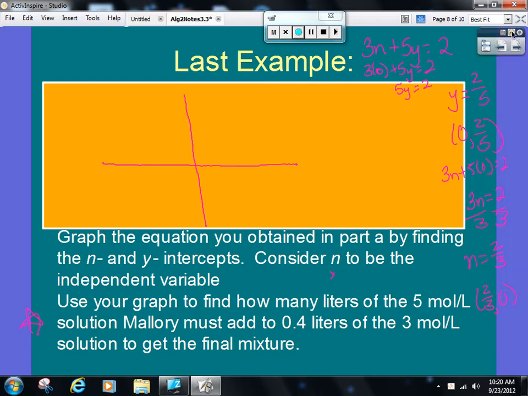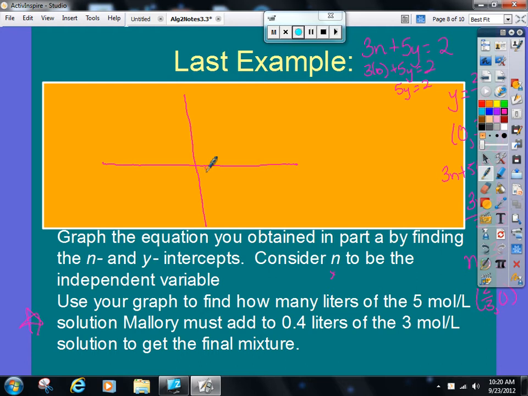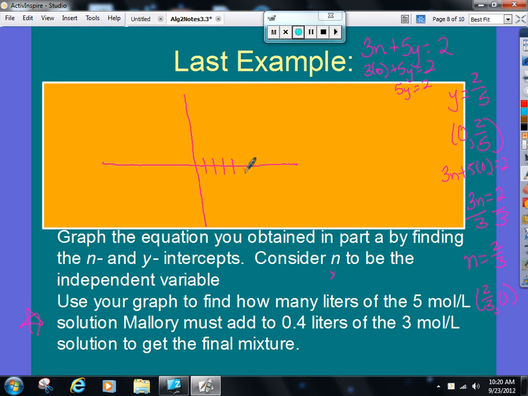I have (0, 2/5). I'm going to go 5 dashes and make it 1, so I'm breaking it down by 0.2s here. And I go over 0, that would be here, and then over 2/3.